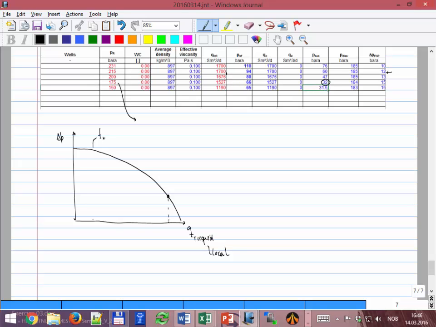If I change the rotational frequency and reduce it, the pump will deliver less: F2, F3, and F4. Or if I increase it, the pump will give more and more. Usually the limits of the rotational frequency are something like 60 to 65 hertz, and the minimum limit is 30 to 35 hertz. Okay, those are typical values for the pump.